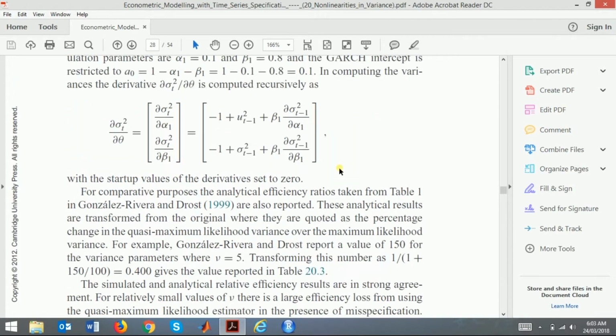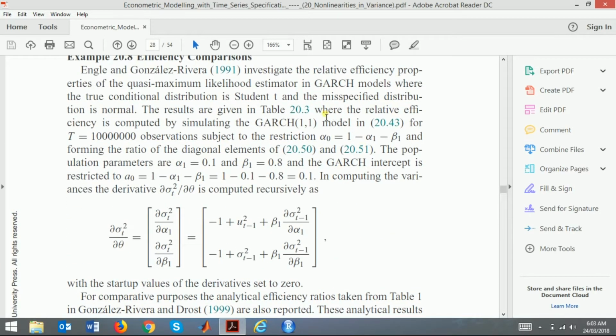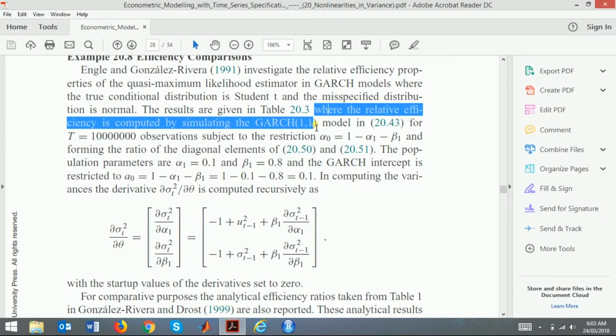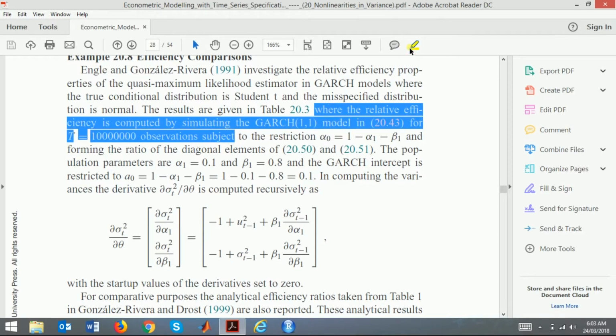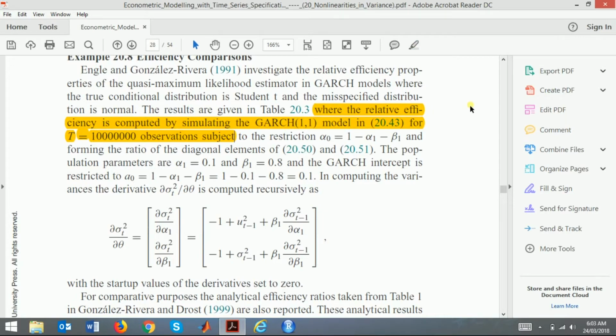We'll talk about it. The relative efficiency is computed by simulating a GARCH(1,1) model for 1,000,000 observations, so simulated for many observations with the restriction on alpha naught, and forming the ratio of the diagonal elements.